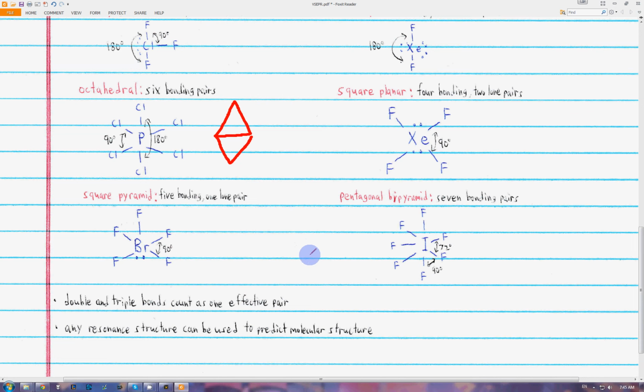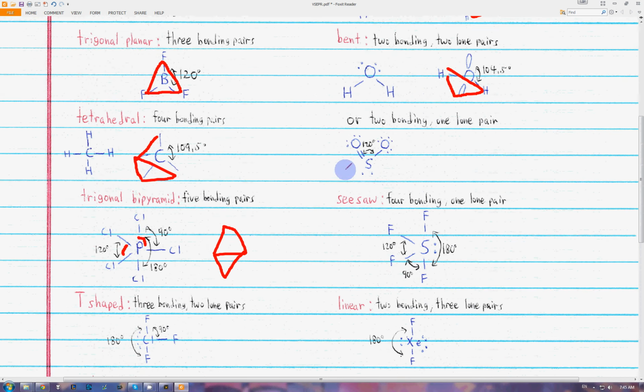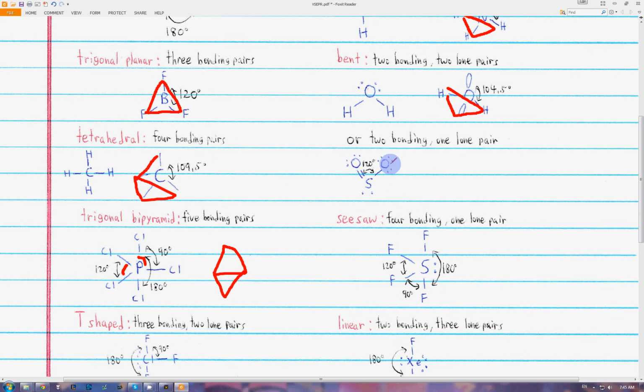So 2 more points to remember when using this model. We count double and triple bonds as one bonding pair. For example, in this SO2 model, this is kind of a trigonal planar shape, so there's basically 3 spaces.